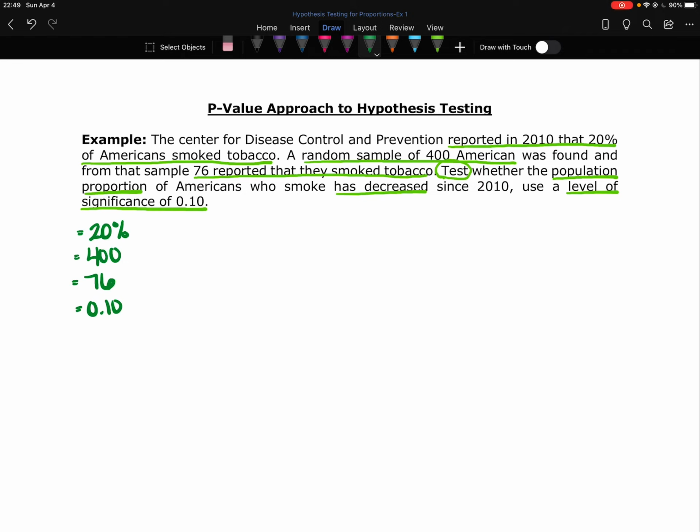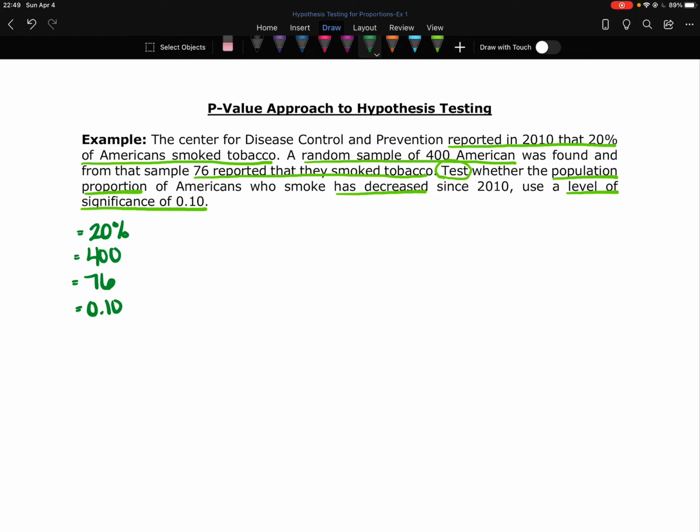This is going to help me as I build my null and alternative. It's going to help me if I'm doing this by hand to fill in that z-score equation. If I'm doing this in Excel, which unless a problem specifically tells you to do something by hand, you are more than welcome to use Excel. It's also going to help me when I go to do that conclusion.